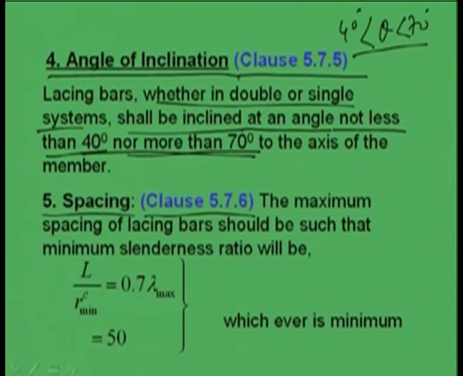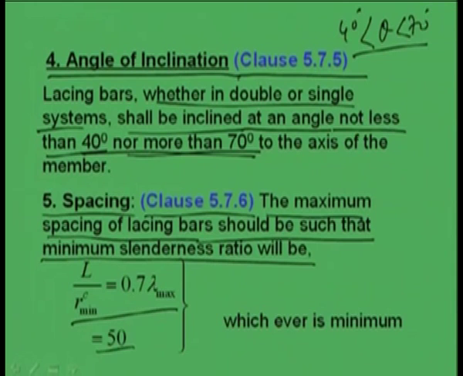Here, in case of spacing, what is told? That the maximum spacing of lacing bars should be such that the minimum slenderness ratio will be this or this, whichever is minimum. That means L by r_c minimum. What is L?